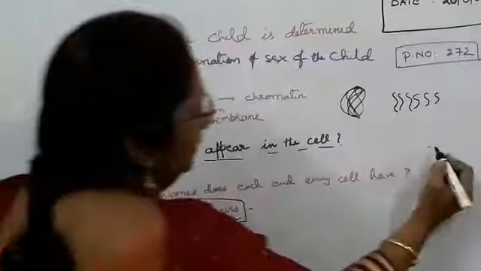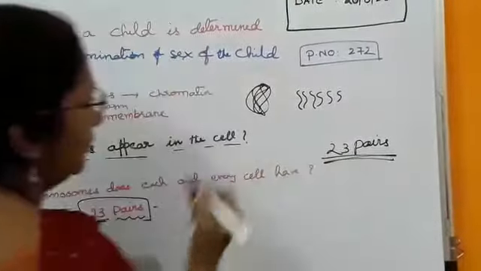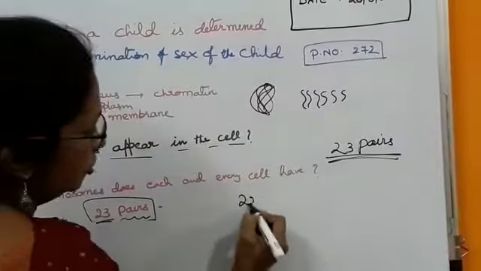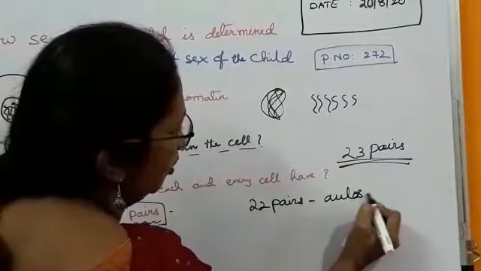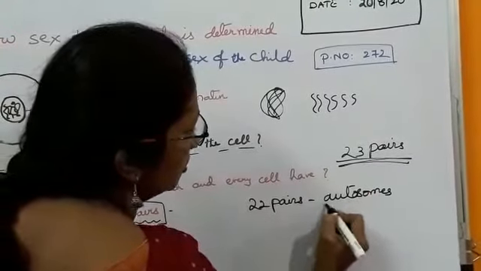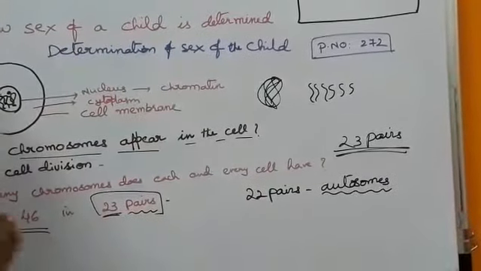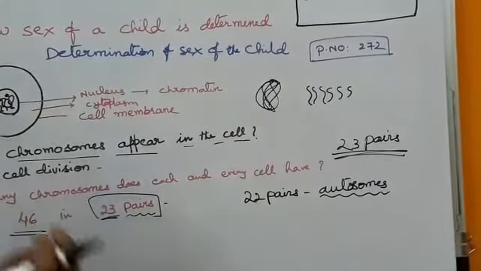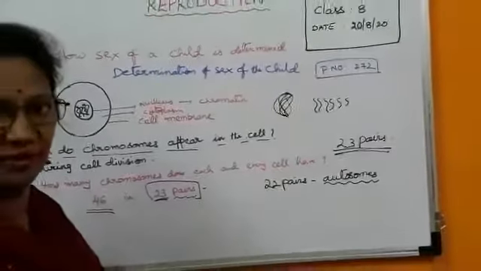Now, out of these 23 pairs, 22 pairs are called autosomes. Autosomes, not autolyric. Autosomes indicate our behavior, habits, likes, dislikes, interests.